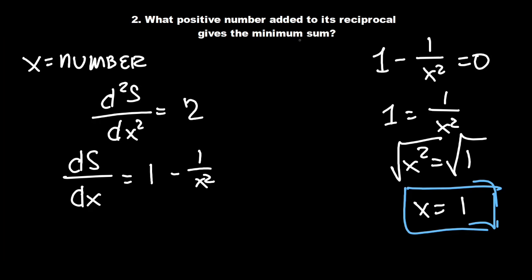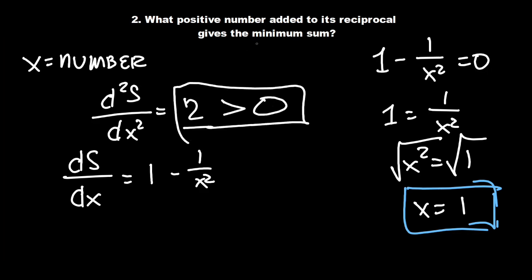And you can see here, in the maximum sum, it should be less than 0. But in the minimum sum, it is the opposite. The number that we have gotten here should be greater than 0 in order to prove that it would be the minimum amount. So since what we have here would be 2, greater than 0, it proves that x equal to 1 would be the minimum sum.